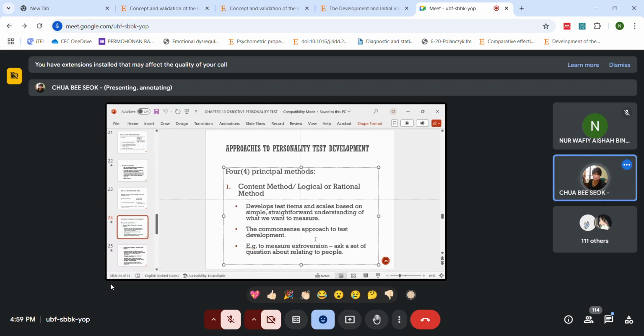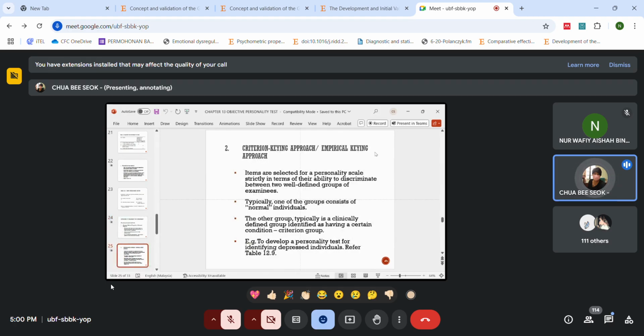Normally this is based on common sense to develop the test items. For example, if you want to measure extroversion, a personality trait, then you can develop items that ask questions related to people. So this is based on the rational or logical method, the content method.